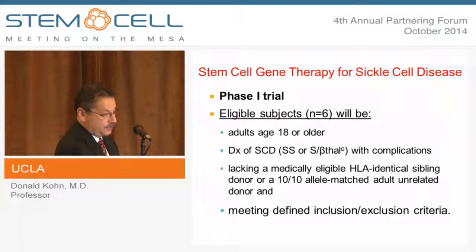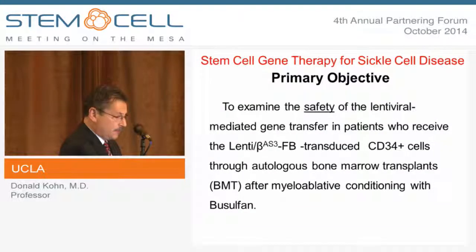Then we have a whole list of very specific disease severity criteria and organ function criteria, kind of typical for bone marrow transplant. And again, the primary objective will be safety of this procedure for patients who are both getting these gene-modified cells as well as receiving myeloablative conditioning with busulfan.